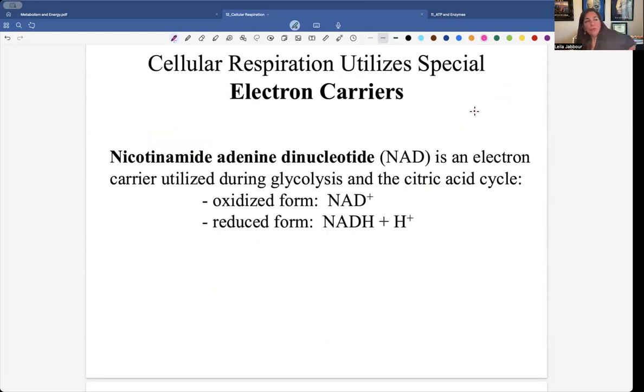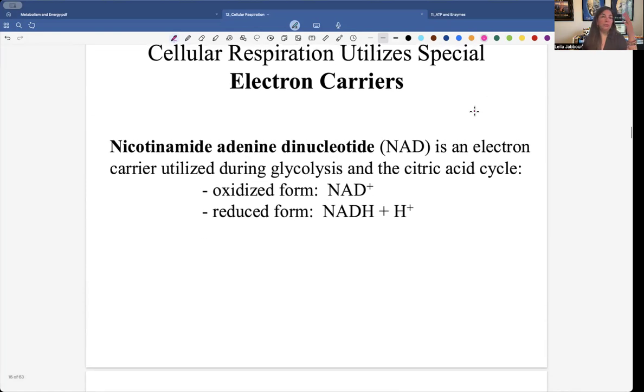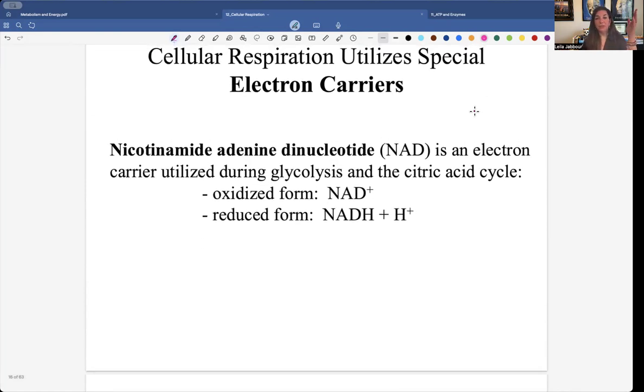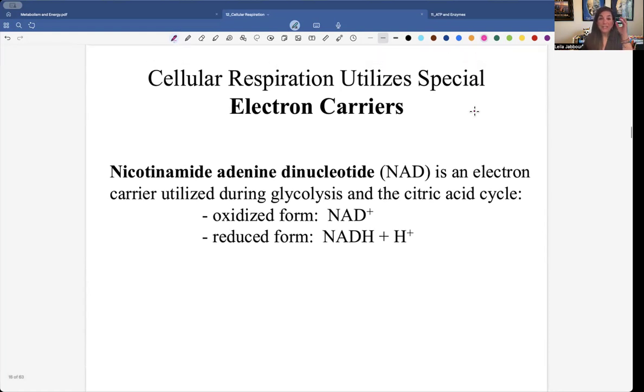So we need these electron transporters we've been talking about, and we gave the examples in those redox reactions, we talked about sodium that turns into sodium ions, and we talked about methane, and they're going to release electrons and pass them on. Well, there are very specific molecules that are used in cellular respiration to transport these electrons and pass them on one to the other until you reach the end of that chemical reaction.